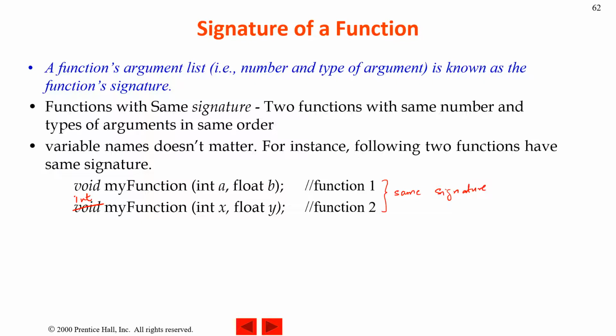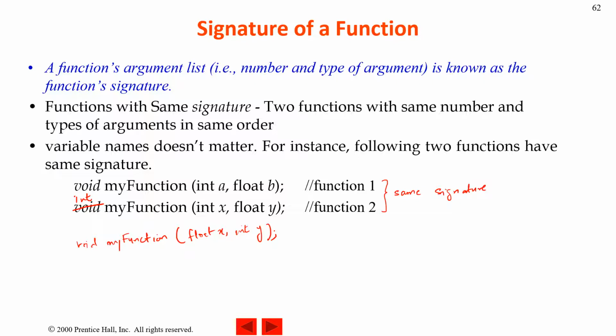So if you try to define this, it will give you an error. It will say that this function already exists, because according to the compiler the signature is the same, so you cannot have two functions by the same name. What you can do, however, is void my function and maybe float x, int y.